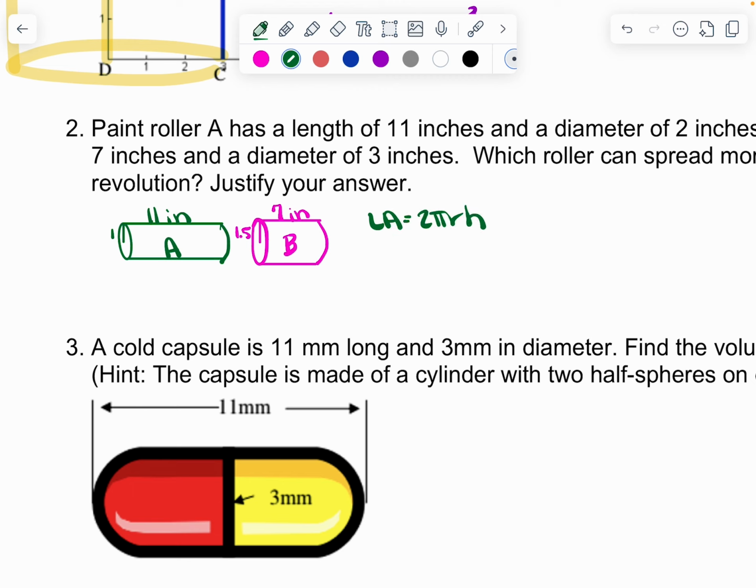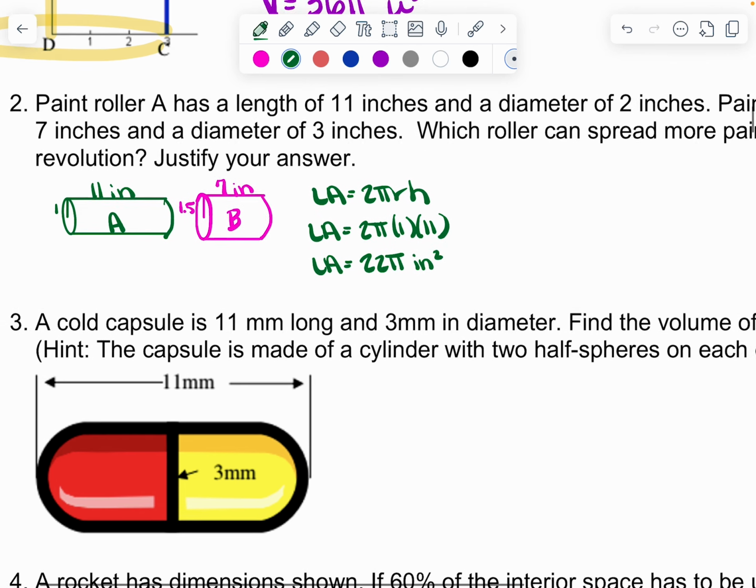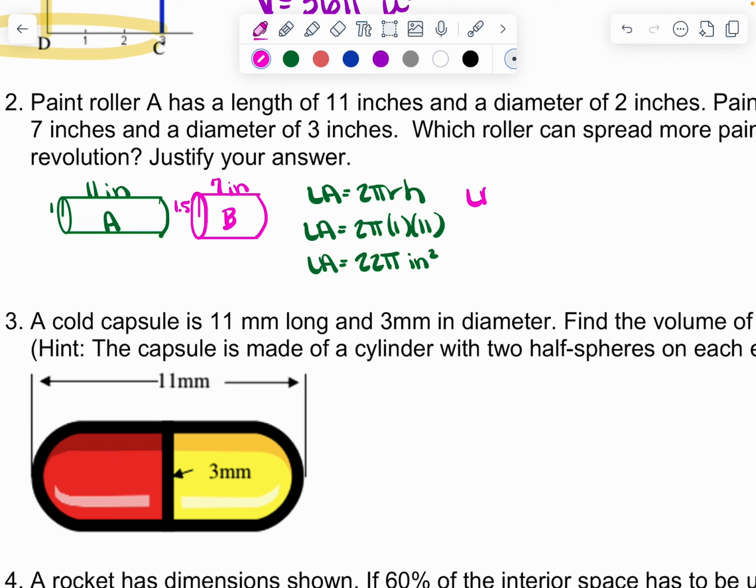So we want to calculate the lateral surface area of each one. That would just be 2 pi r h. So the lateral area of roller A would be 2 pi, a radius of 1 with a height of 11. And that's going to give us 22 pi square inches. So every revolution of the roller, that's how much wall space it's going to cover. And then we have the lateral area of roller B, again 2 pi r h, so 2 pi, 1.5, and 7.